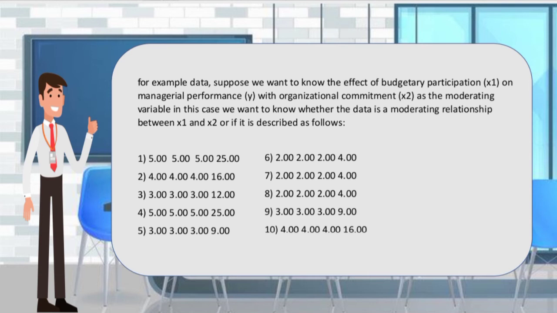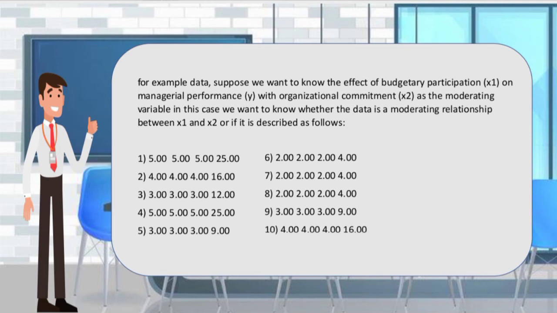For the seventh, the y is 2.00, the x1 is 2.00, the x2 is 2.00, and the x1, x2 is 4.00. For the eighth, the y is 2.00, the x1 is 2.00, the x2 is 2.00, and the x1, x2 is 4.00.